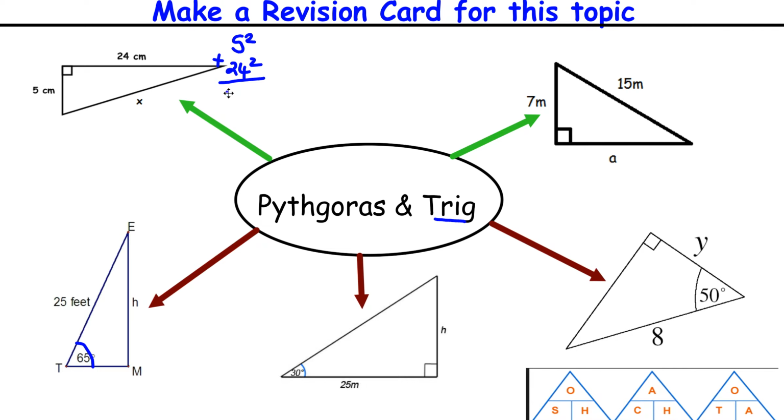So that will give me 601, and when I actually square root it, I should get 24.5 to 1 dp.